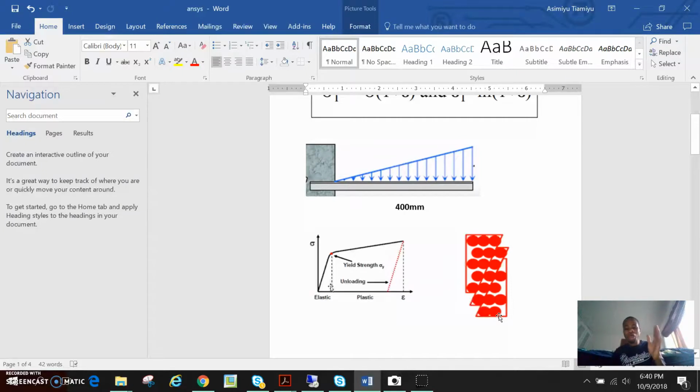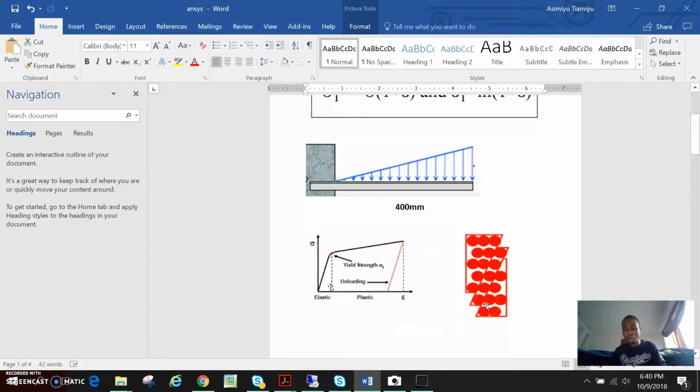When this goes beyond the yield point, it will keep on shifting and deforming, and in that case it turns into plastic deformation. This region is the region that we are going to have when the material is undergoing plastic deformation.